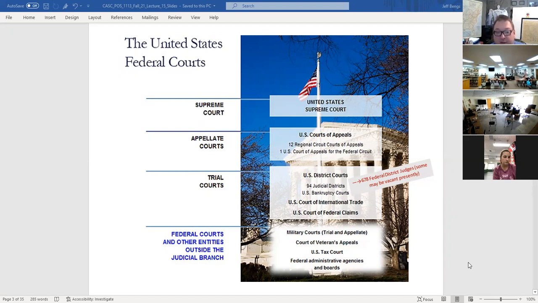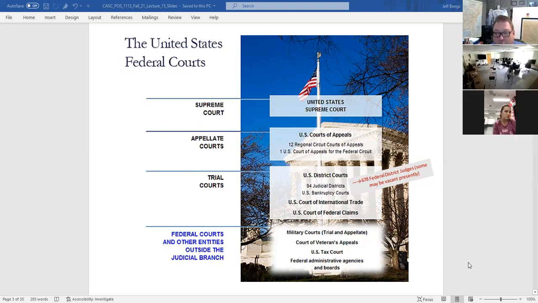He was found innocent of murder, and so he was set free. The family of the man that was killed, Ron Goldman, then took O.J. Simpson to civil court, and they won the civil case.